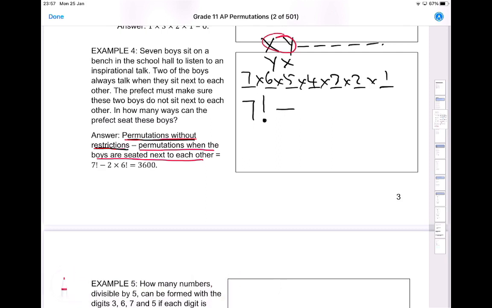So we need to imagine that they are one thing. We bunch them together and form one object. So if we now count them as one object, it now means we don't have 7 objects anymore. It's like we don't have 7 boys anymore. Now we have 6, because that will be 1, 2, 3, 4, 5, 6. So now we have 6.